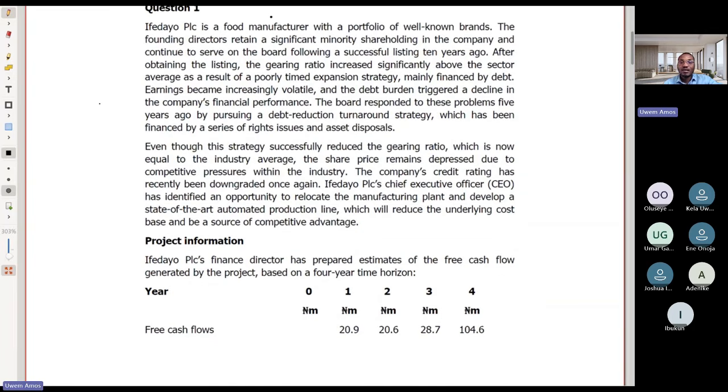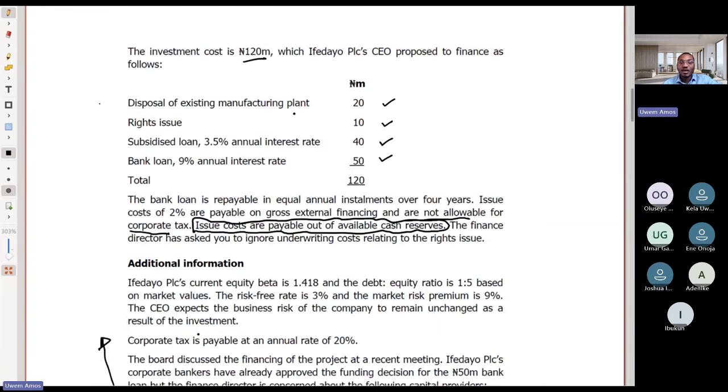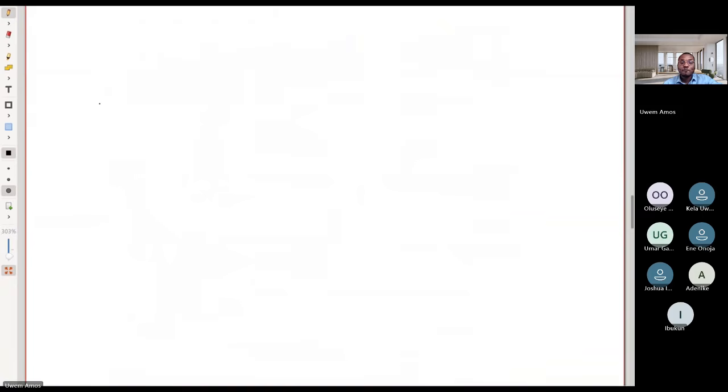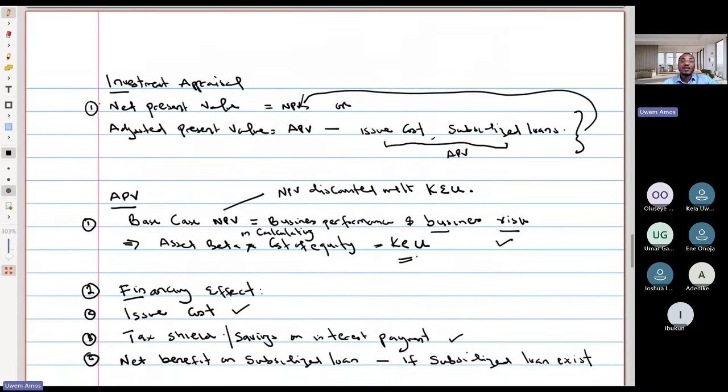We said that for APV computation, you would have your answer broken down into 2. You're going to have the base case NPV, and you're going to have the financing effect. So let's begin with the base case NPV. If we are given, for example, sales, variable costs, fixed costs, we're going to do all of those computations.